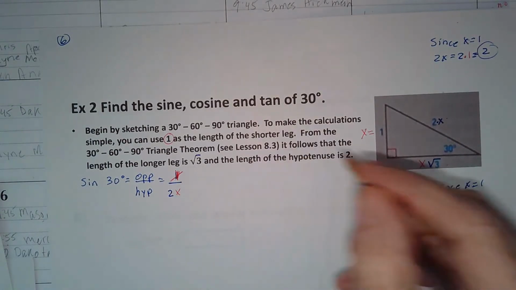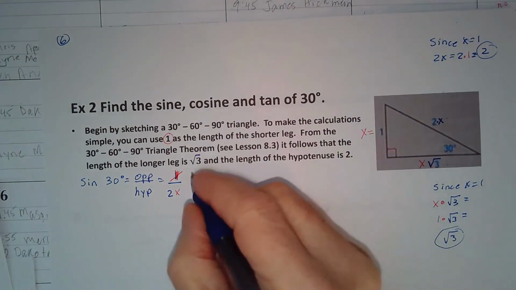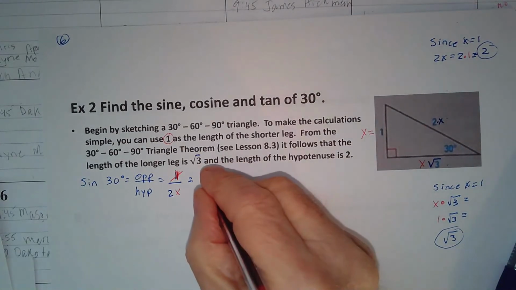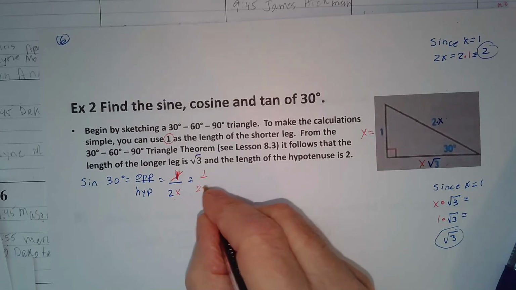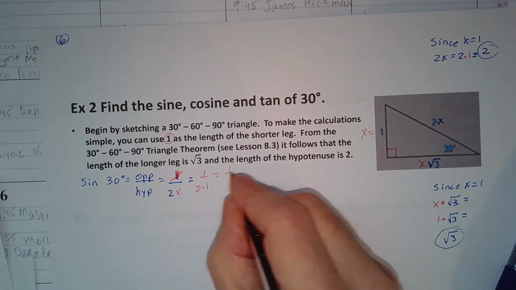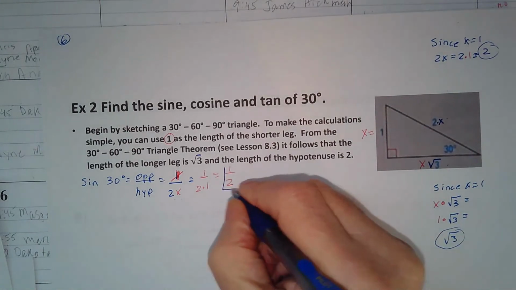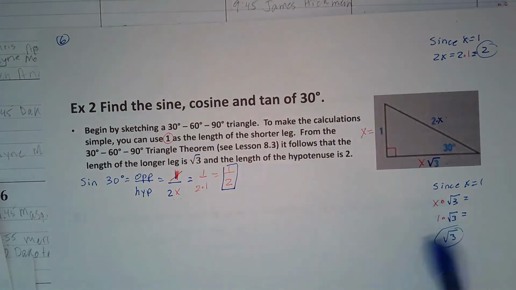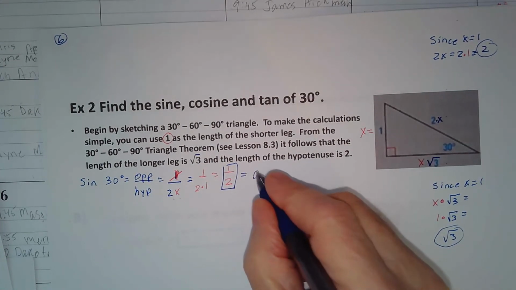And since x equals 1, that equals 1 over 2 times 1, which equals 1 over 2. That's exactly 0.5. So it does equal 0.5.